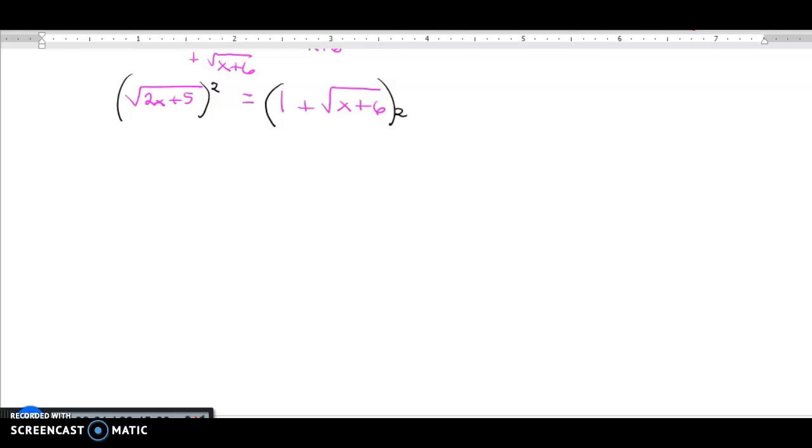All right, so squaring on the left side, squaring cancels out square rooting, so that gives me 2x plus 5. On the right side, I'm going to have to FOIL the binomial. I'm going to have to take 1 plus the square root of x plus 6 times itself.